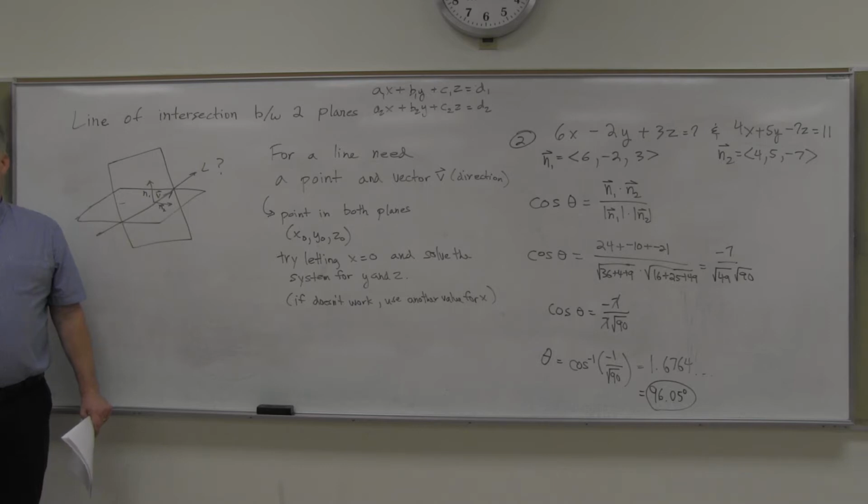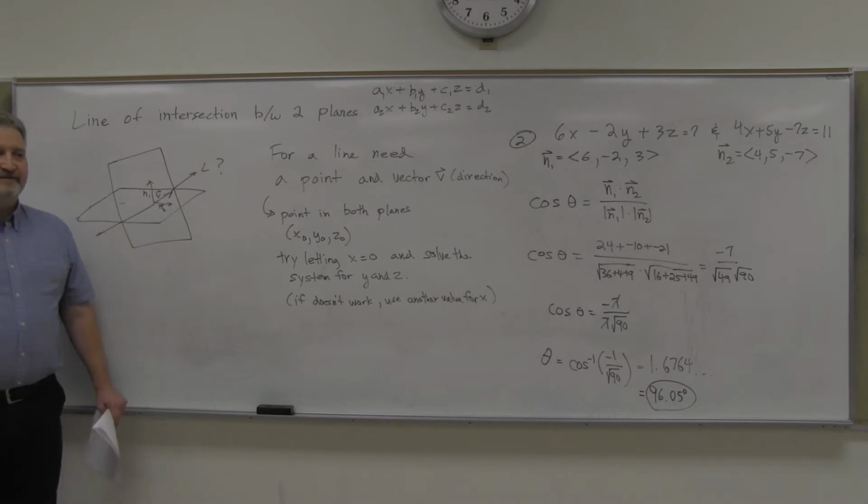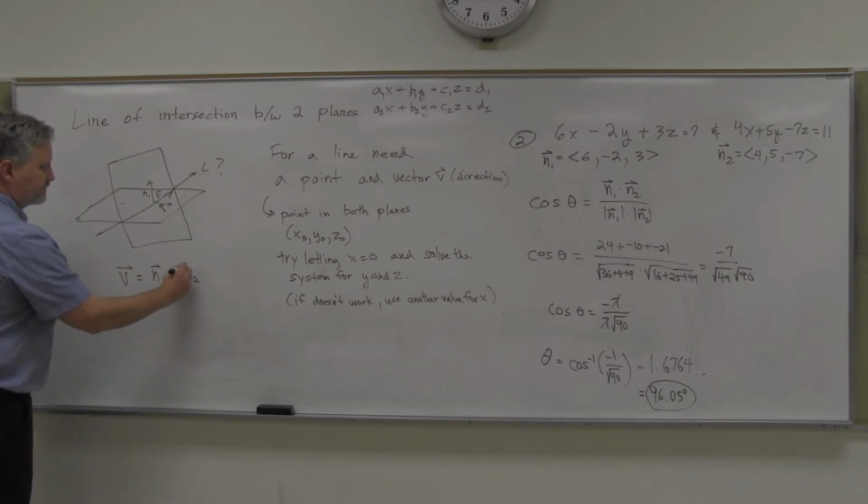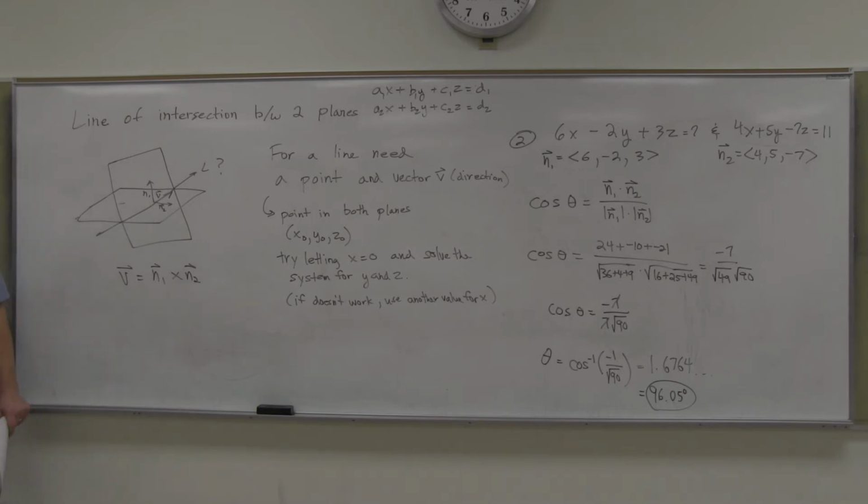What does that make you think of? Cross product. So vector V of this line is the cross product of N1 and N2. Easy as that. So that's how you get it, and then you put all that information into your line format.